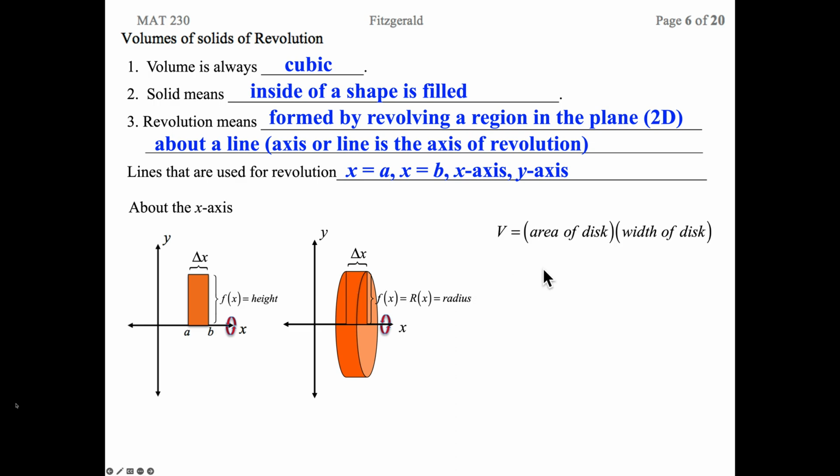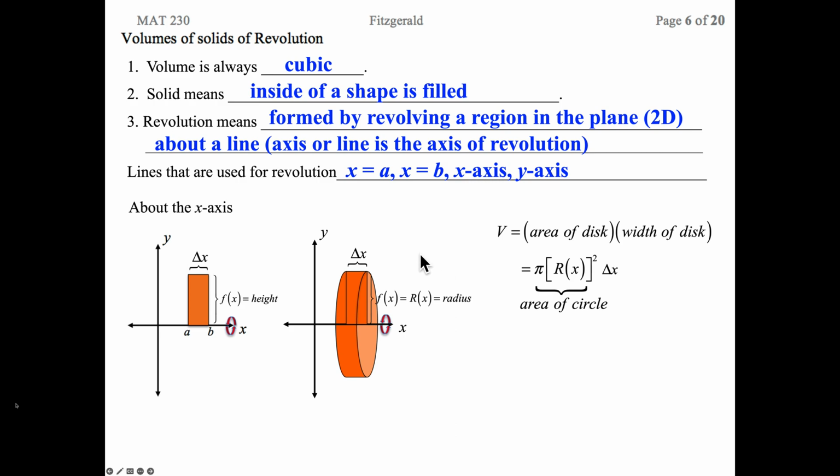So my volume will be the area of the disk times the width of the disk: the area of the circle times the thickness. That will be pi times our radius function R of x squared, times delta x.